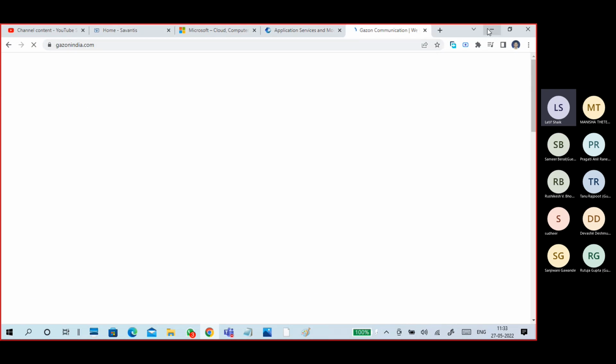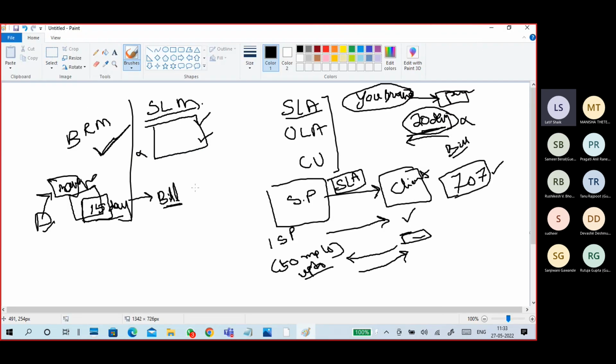Sometimes the internet won't be there for one complete day. What they do is automatically send a message: one day free, an extra day of internet.